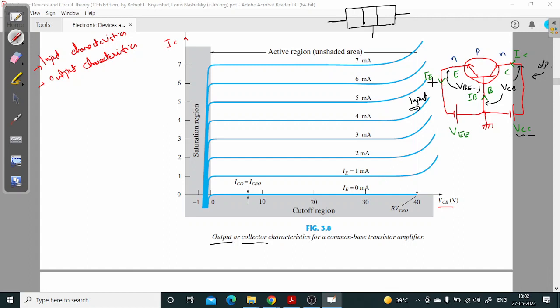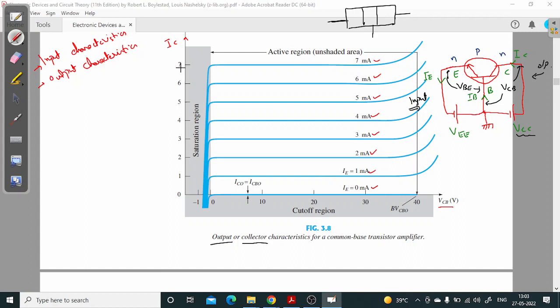Input current is IE. The first blue line is when IE is equal to 0 milliampere. This line is when IE is 1 milliampere, this is 2 milliampere, this is 3 milliampere, this is 4 milliampere, 5, 6, 7, and like that. So for different values of input current, the curves are plotted, and this forms the output characteristic for the common base configuration.